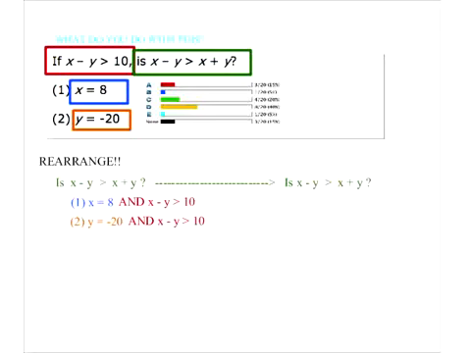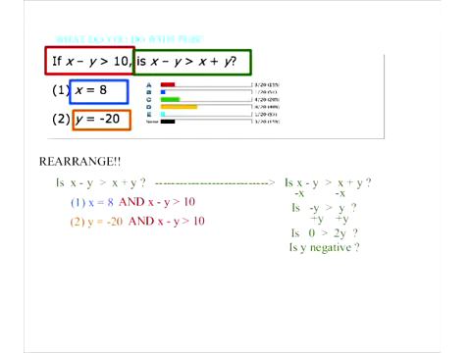You can take x away from both sides of this question. And so you wind up with, is negative y greater than y? You can add y to both sides of that. So you get, is 0 greater than 2y? So that's the same as asking, is y negative?